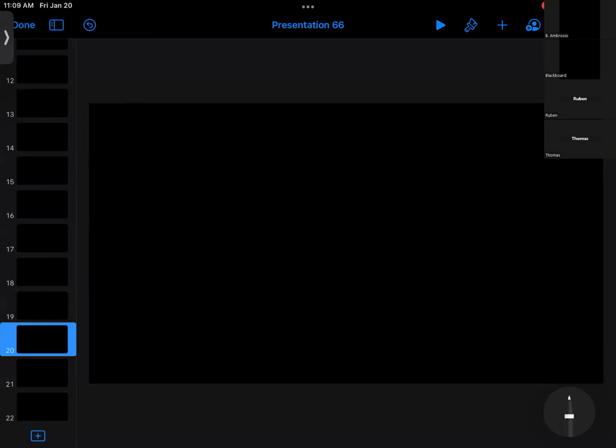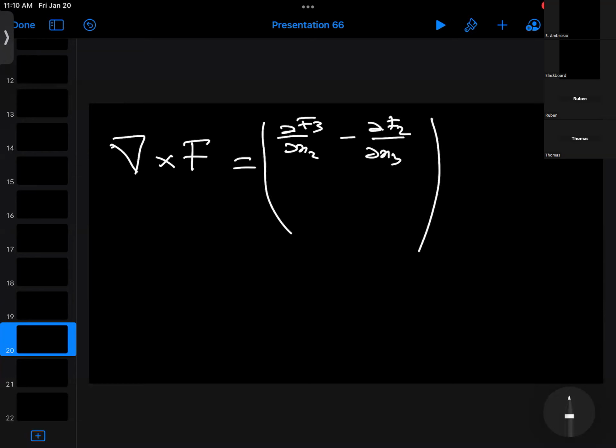And finally, you have the curl, and you write it like that. You write it like that because it's analogous to the product of two vectors, and it's df3 dx2 minus df2 dx3. So it has three components.